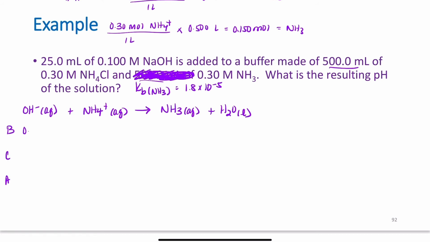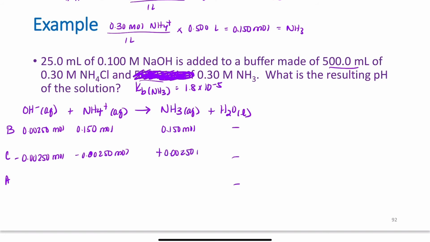Initially, I had 0.00250 moles of hydroxide, 0.150 moles of ammonium, and 0.150 moles of ammonia. Subtract the smallest number, 0.00250 moles, and add 0.00250 moles.